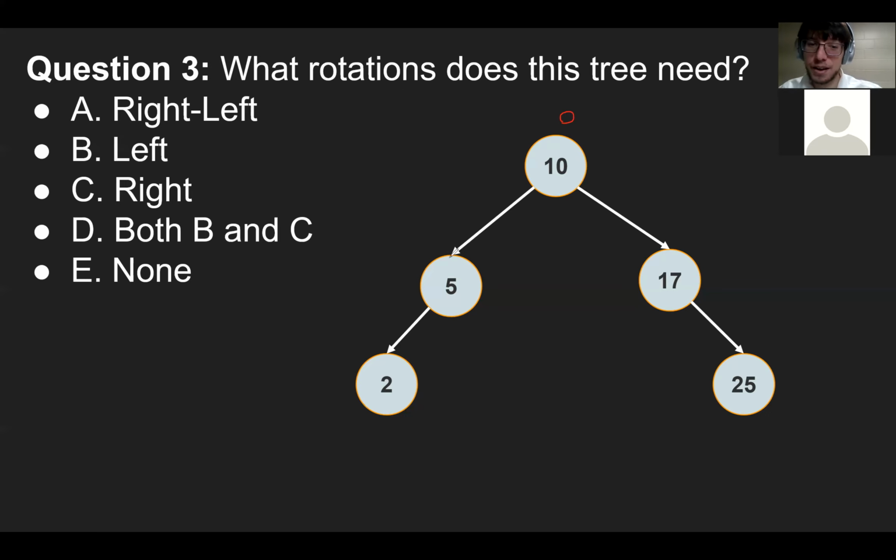Then 5: height of left is 1, height of right is 0, so 1. Then -1 for 17, and 0 and 0. So even though it looks like we might need both right and left to fix both sides, this is actually okay. This is perfectly fine. This is balanced. So the answer would be none.